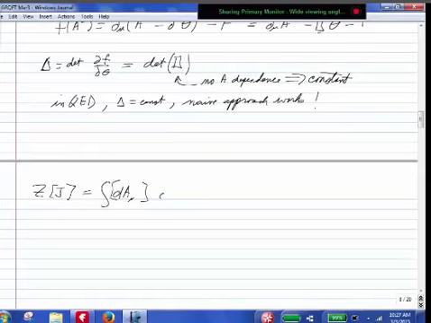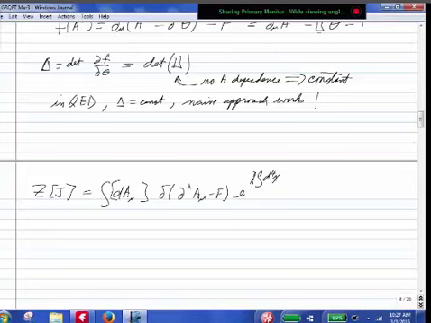Okay, so in the case of QED, the determinant is a constant, and the naive approach works.